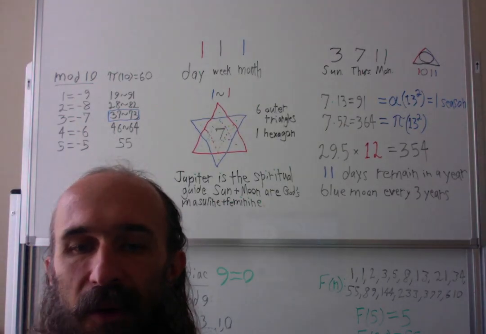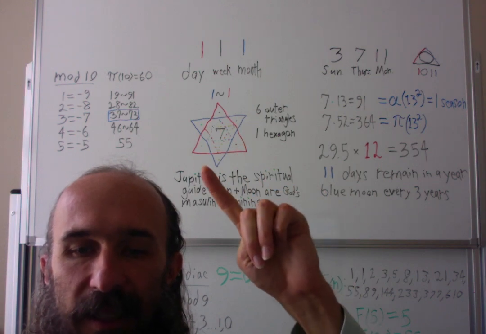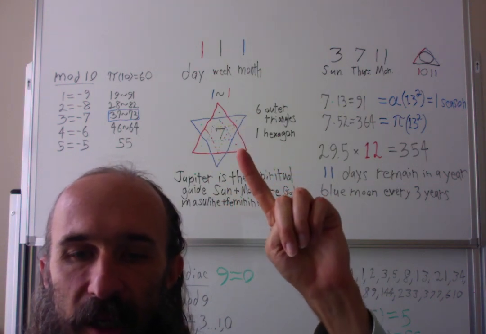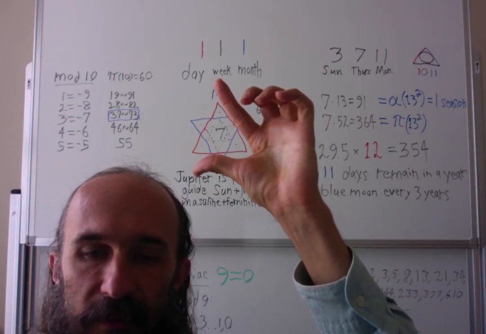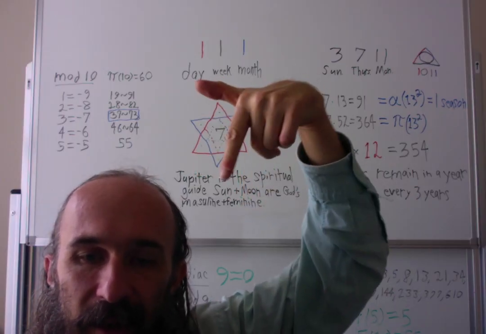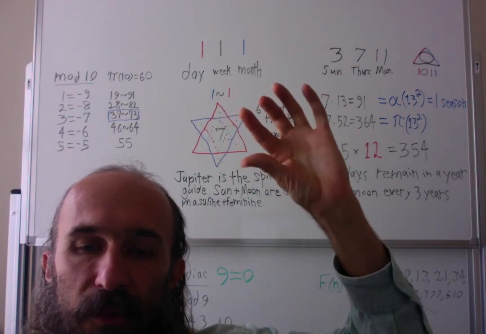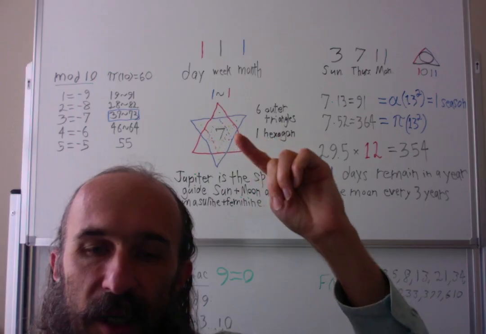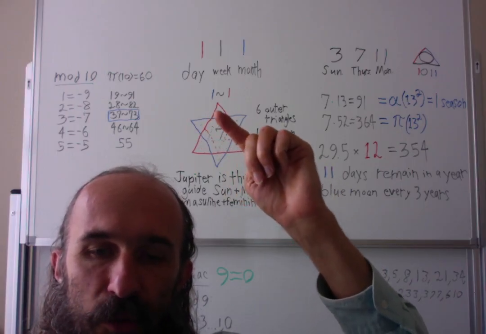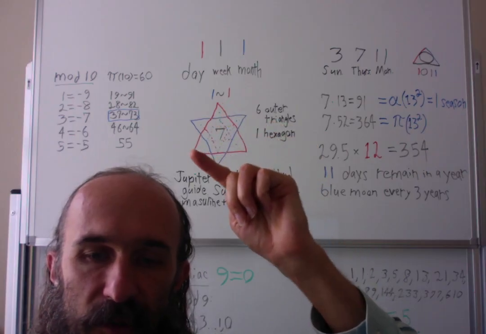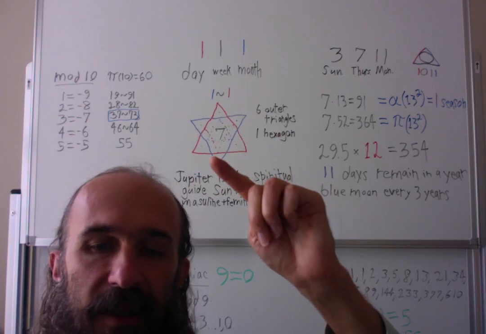Symbolically, you may be familiar with the hexagonal star representing a masculine upward facing triangle and a feminine inversion of that. Those two form the 6-pointed star, and from that we get 6 outside regions, these 6 triangles on the outside, and then the 7th region inside is a hexagon.